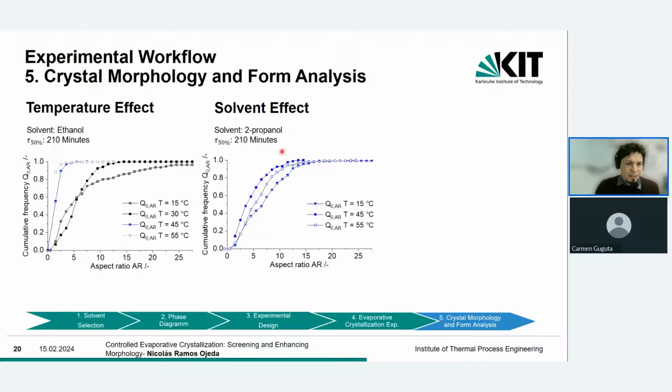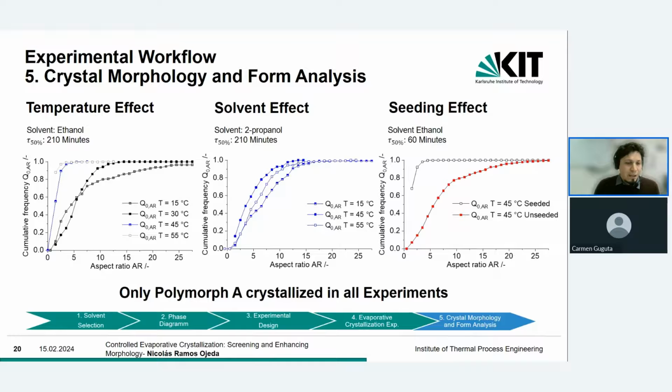We can see that, for example, in isopropanol, although we performed a slow evaporation, we were still not able to get isometric crystals. And we highlight, as other publications do, how powerful the effect of seeding is.